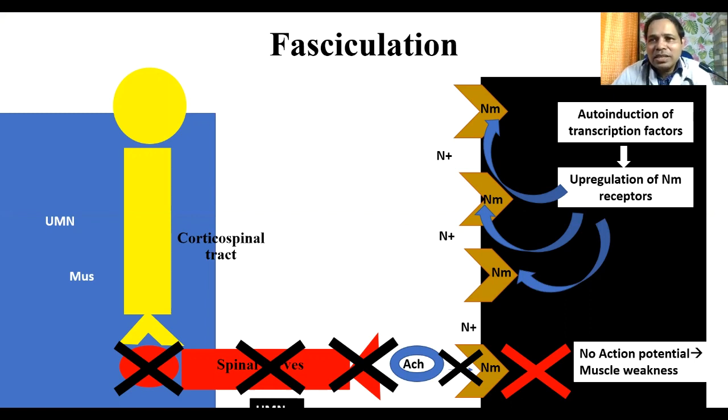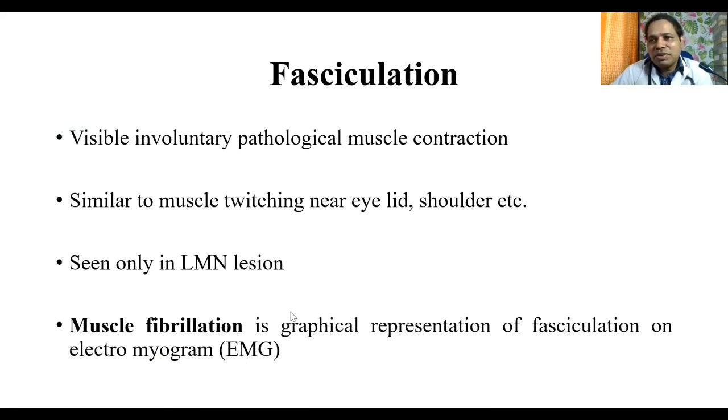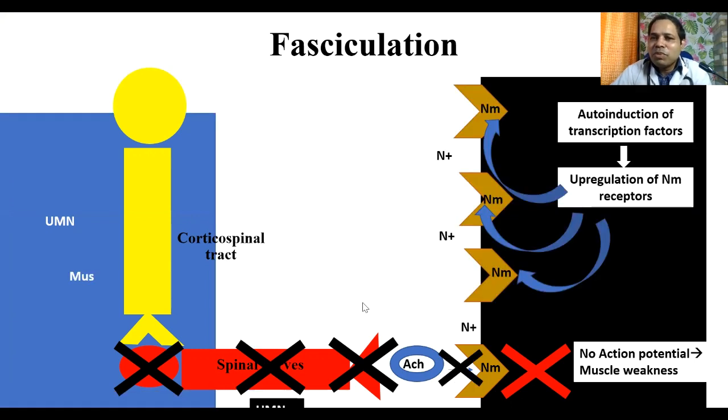So if you visibly see this, that's what we term fasciculation, and if you elicit it by the graph, it is called muscle fibrillation. This you are going to see only in the lower motor neuron lesion, but not in the upper motor neuron lesion, because in upper motor lesion this is still intact. That's why in lower motor neuron lesion the muscle will start producing more and more NM receptors towards the periphery and start responding to the sodium influx due to mechanical stimulation.